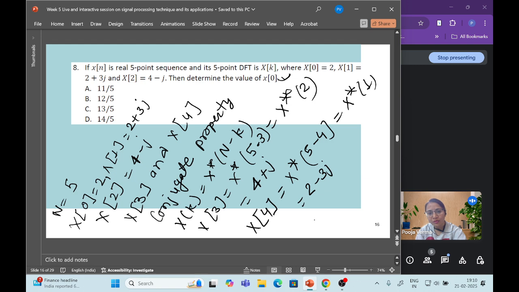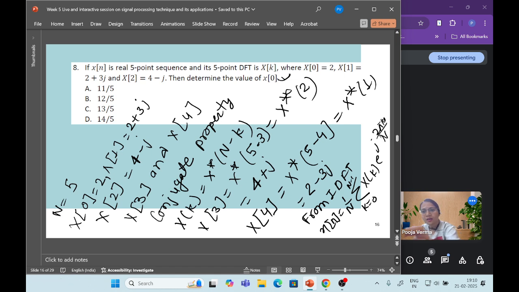Now we need to find x of 0. Okay, that means we need to take the inverse DFT, right? So from the IDFT, inverse DFT, we know the formula: x of n is equal to 1 by n, summation k varies from 0 to n minus 1, x of k e to the power j 2 pi k n divided by n, right?